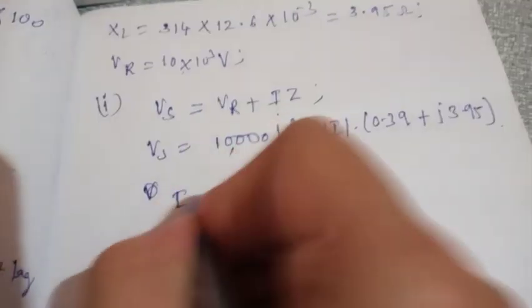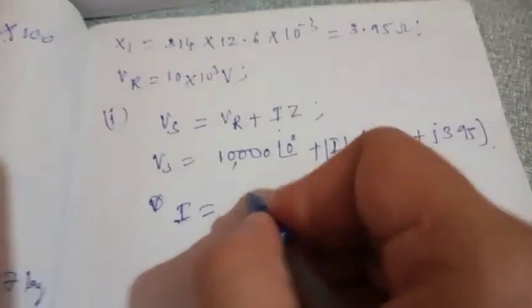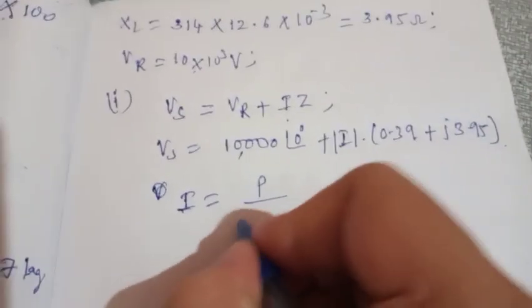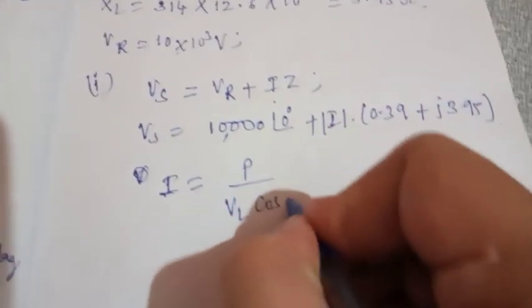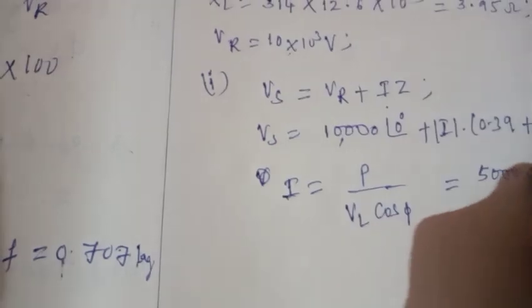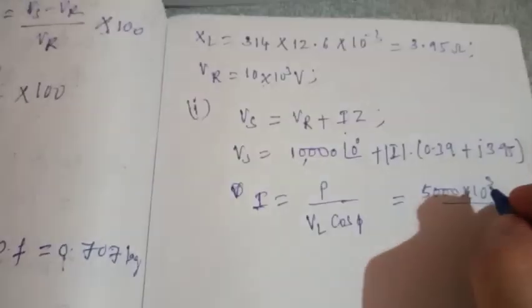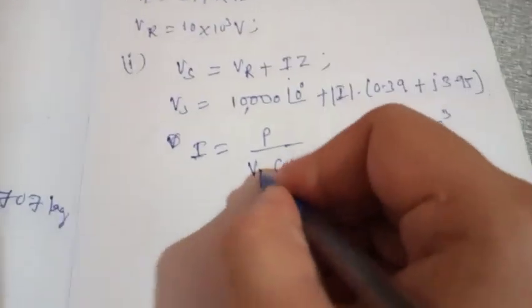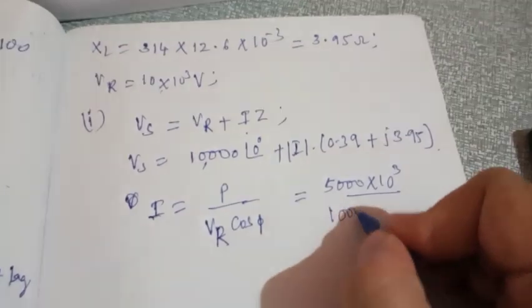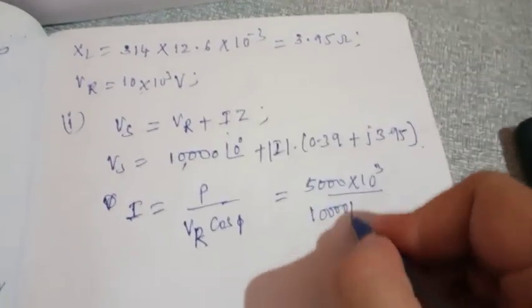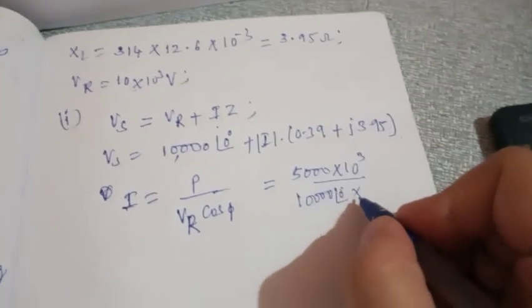What is the value of I? I is equal to P divided by VL into cos phi, as they have clearly mentioned it is a single phase line. What is P they have given? P is equal to 5000 kilowatt, so 5000 into 10 to the power of 3 divided by VR, which is 10,000 at an angle 0 degree, into cos phi.